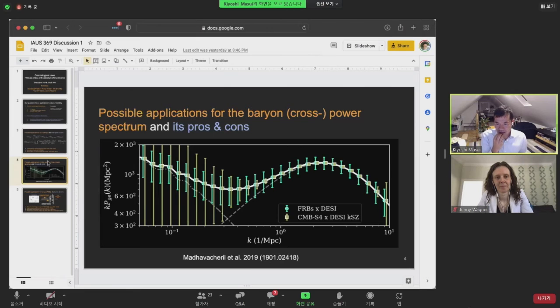This is a forecast by Matthew Madhavacheril and a bunch of folks at Princeton, and they like to think about the kinetic Sunyaev-Zeldovich effect. We've actually been alluding to this this whole conference, saying that the FRBs can inform the missing baryon problem, not whether or not they exist, because we know they exist, but exactly where they are.